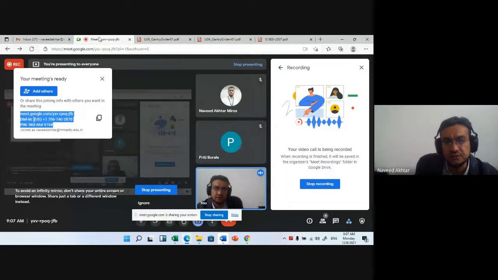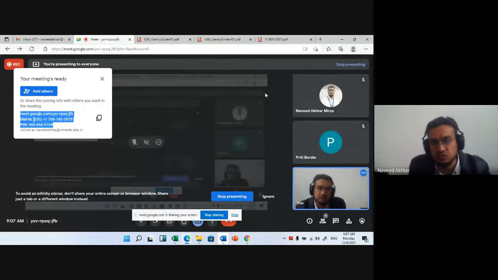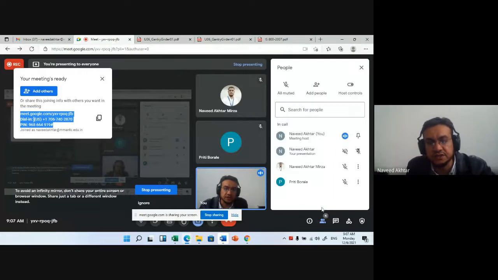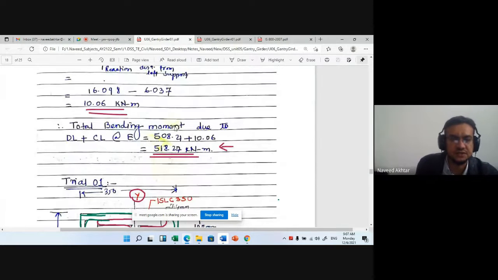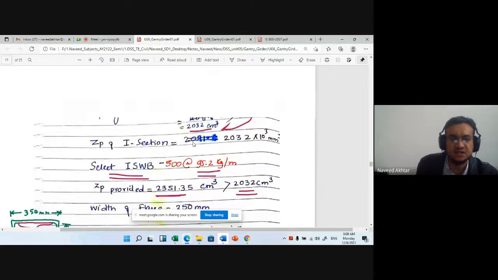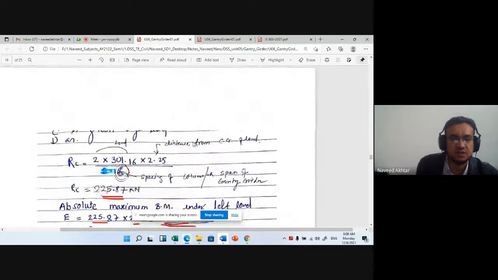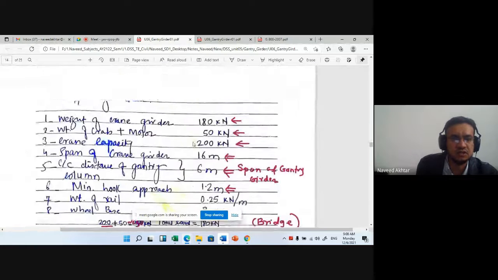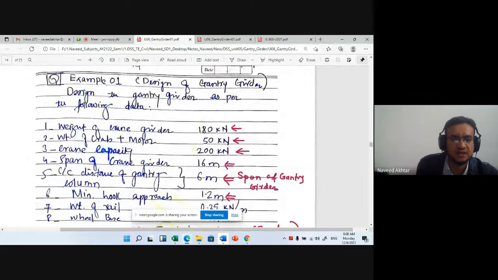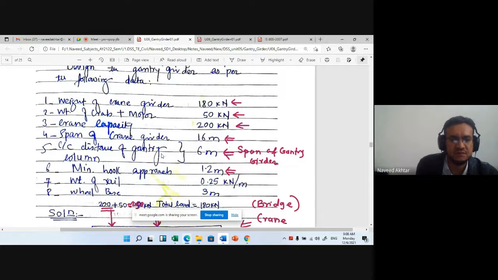I will go back a little so that you can know which part we have completed. The design example we started in the last class has the given criteria: weight of crane girder is 180 kilonewton, weight of crab or motor is 50 kilonewton, crane capacity is 200 kilonewton, and span of crane girder is 16 meter.